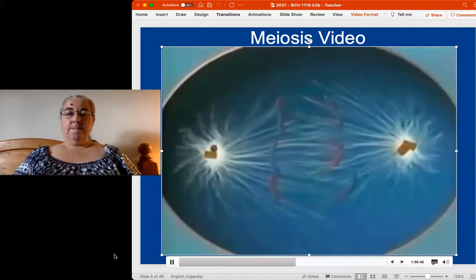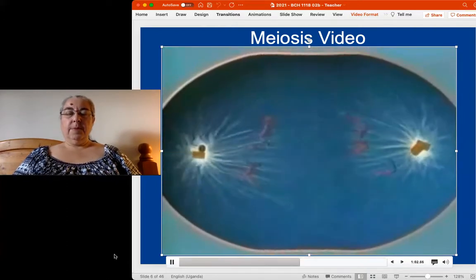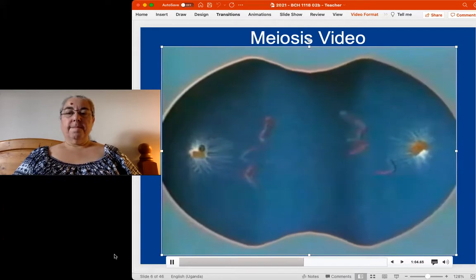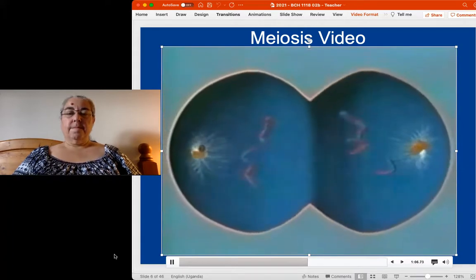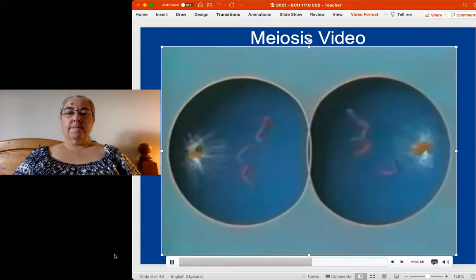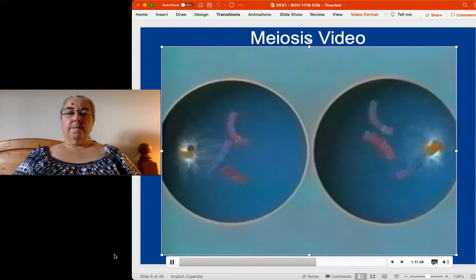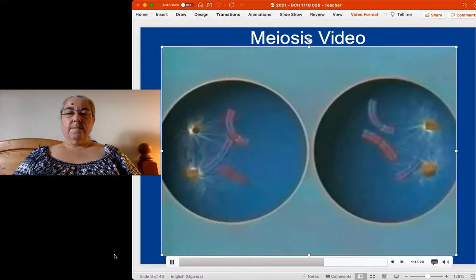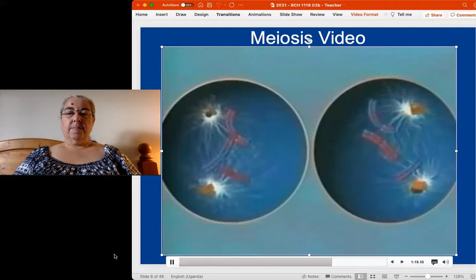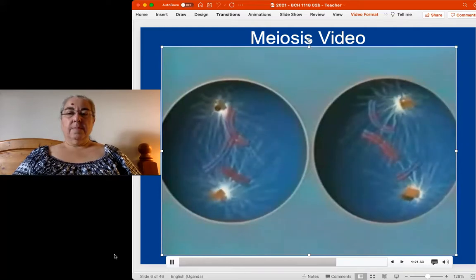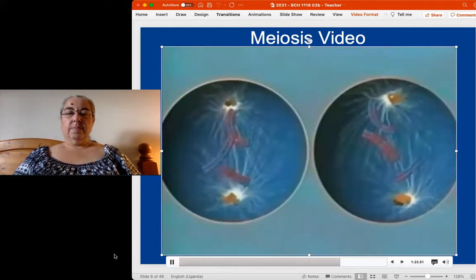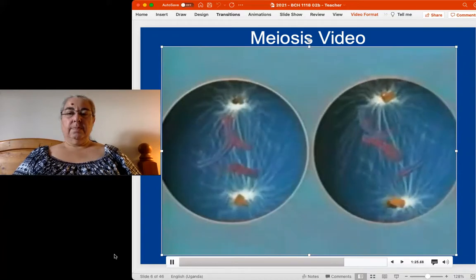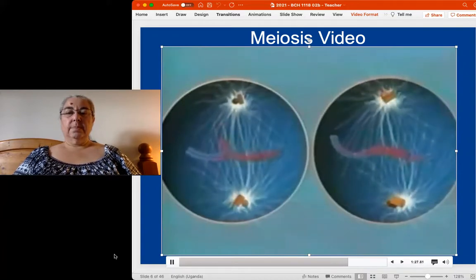Finally, spindle fibers pull the homologs apart. This leaves the sister chromatids intact. With twice the amount of genetic information the cells will need, nature must cut the genetic deck in two. The second division produces 4 unique sets of chromosomes.